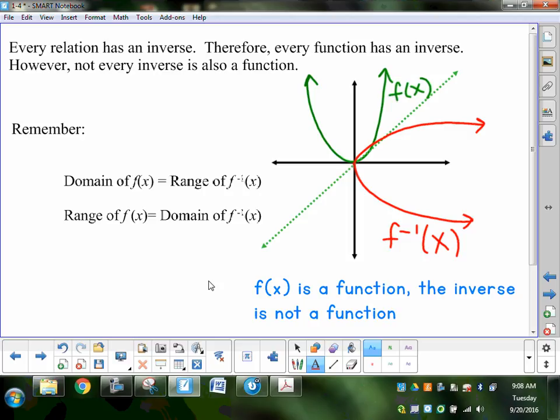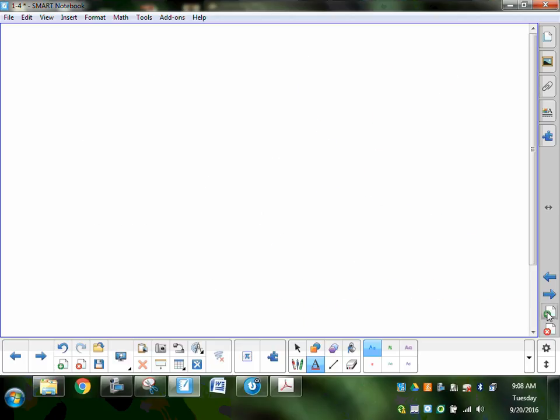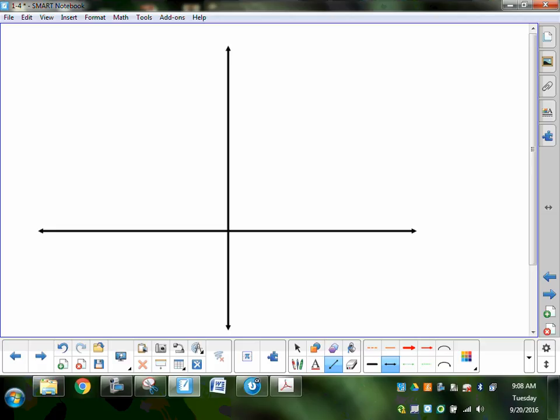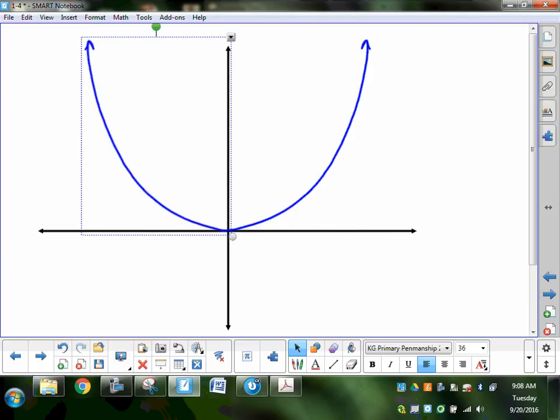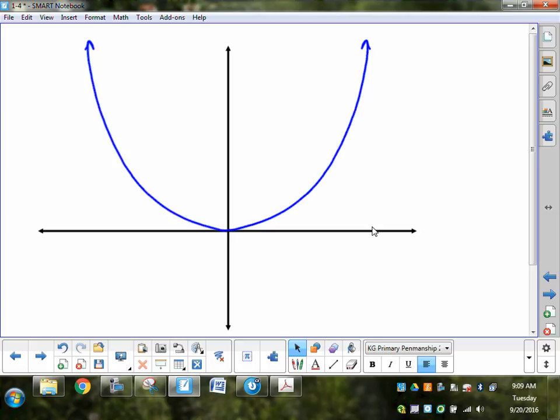You have to be able to give me counterexamples. That shows me that you're able to correctly analyze the situation. Questions on that? Now, we're actually going to get to something else, so we might as well discuss it now. If I look at this graph, looking at what's there, that is not a function.